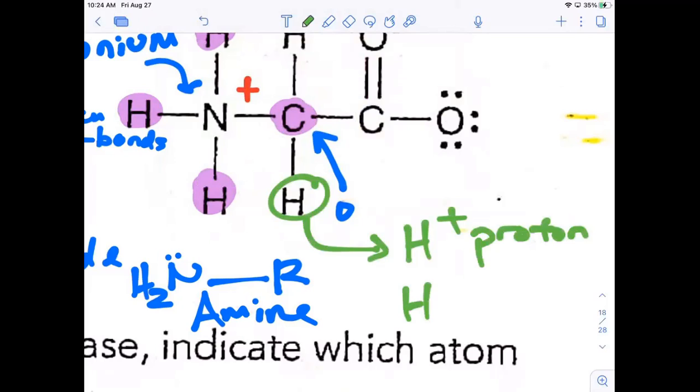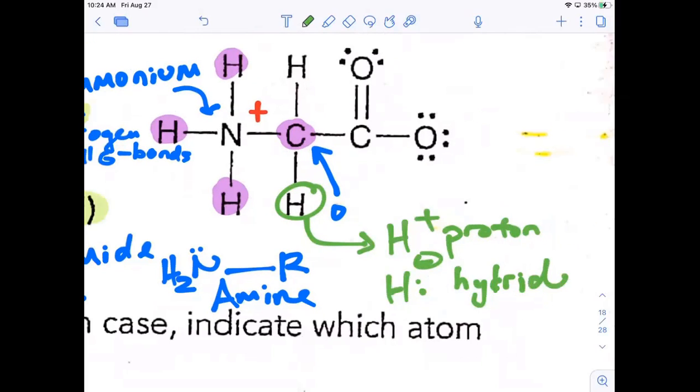If it has a pair of electrons and a negative charge, we call it a hydride. Those are special cases. If you just see hydrogen in a molecule bonded to something, 9 times out of 9 it's going to be neutral.